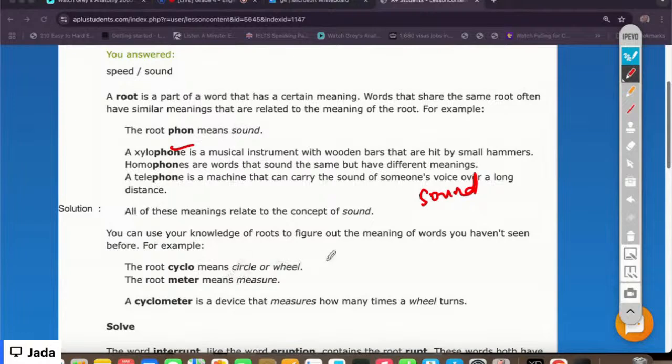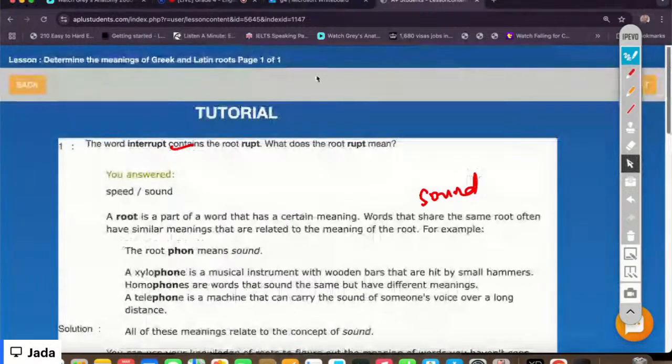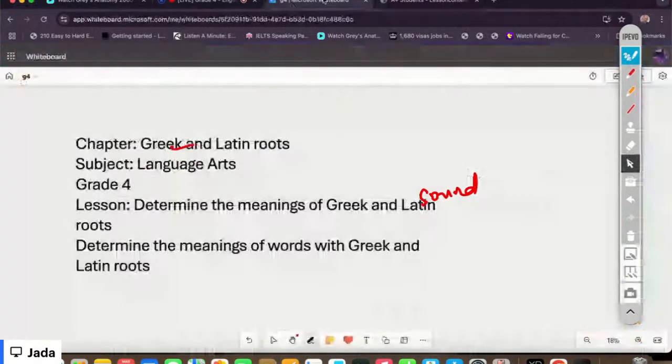The root meter means measure. So because of the root words, we can understand a word we did not know before. We have a cyclometer, a device that measures how many times a wheel turns. So that is for the Greek and Latin words. Make sure that you take note of them.